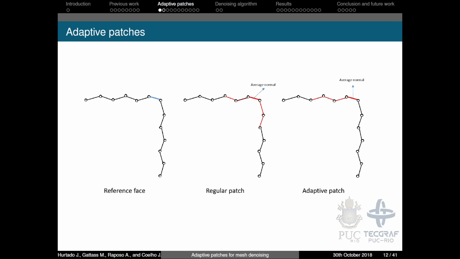If we have a reference face in blue and we have a regular patch in red, the average normal of the regular patch is pointing in an incorrect direction because one part of the patch lies in one face and the other one in the other face. But an adapted patch will lie on just one face of the shape, and the corresponding average normal is more accurate regarding the desired normal.